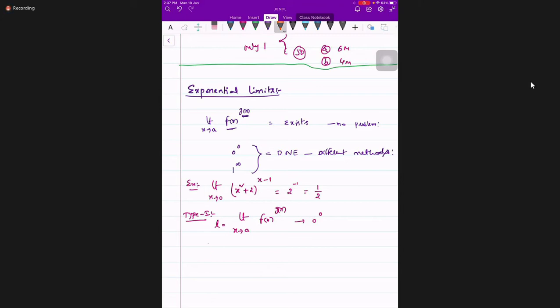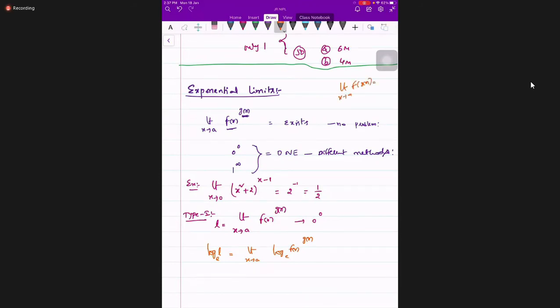Take log on both sides. Log L to the base e. Okay? And here also, log of f of x to the power of g of x to the base e. Even inside a function of function, I have given one formula, students, in the beginning.